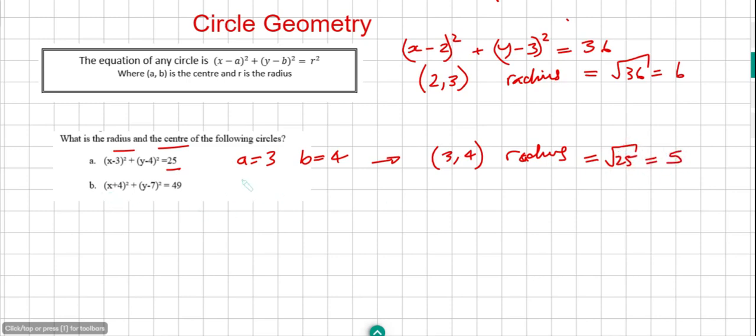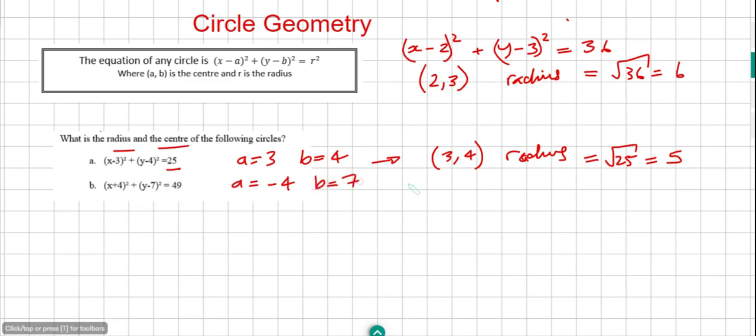In the second example, a is going to be the opposite sign to whatever the sign is here. So if it's plus 4, actually a is going to be minus 4, and b here is going to be 7, a positive number.